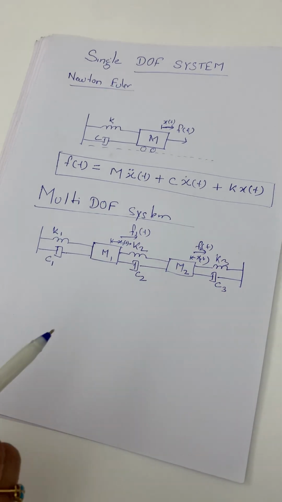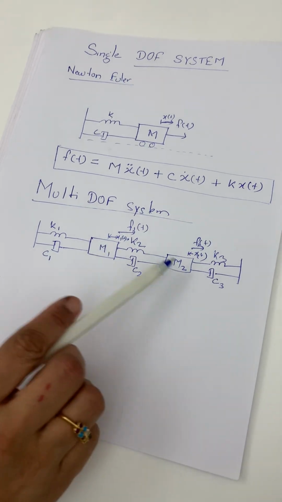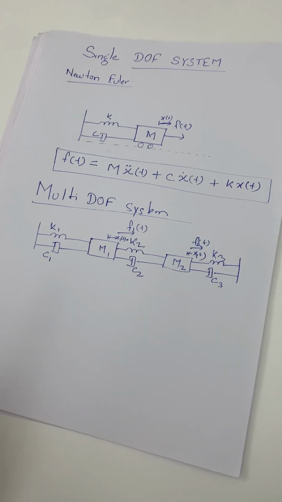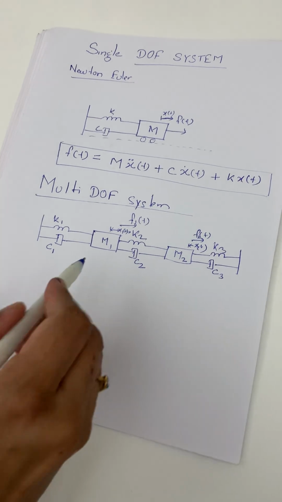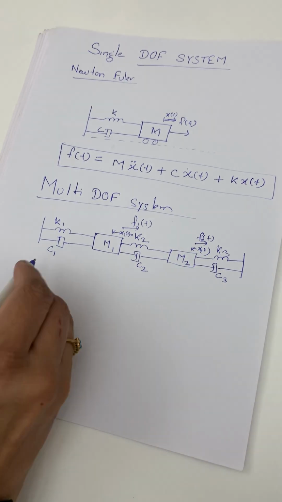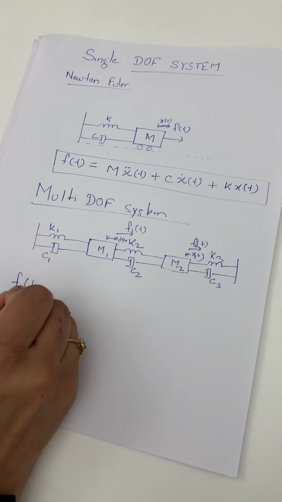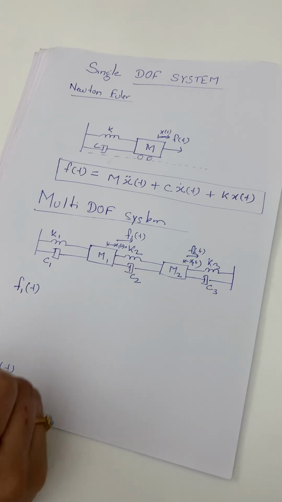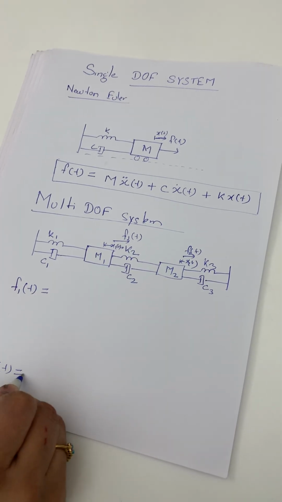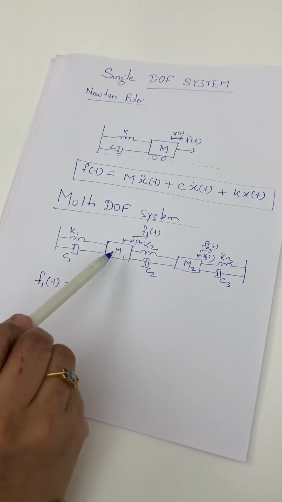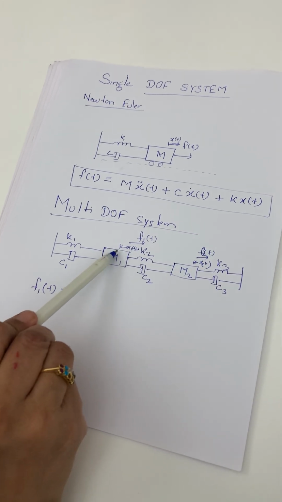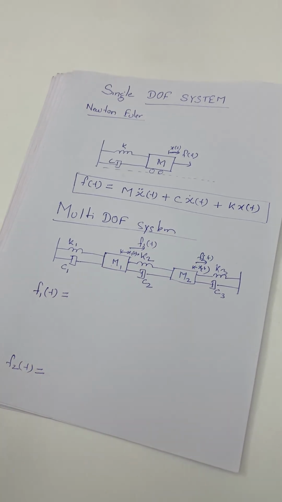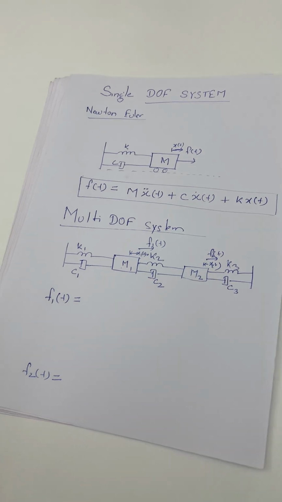Okay, now how many equations do you need to write? There are two forces, so we will write for F1(t) and F2(t). When we have some external forces, there are forces which will oppose them.